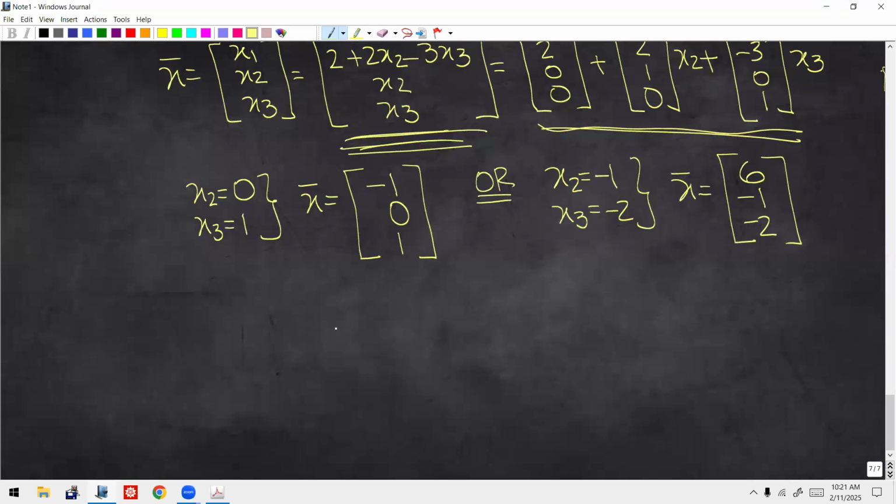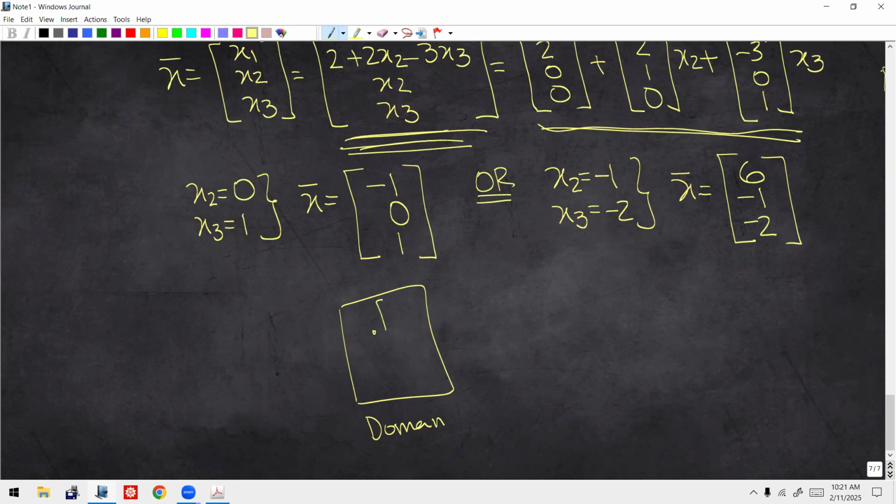So in both of these cases, visually, what's happening? We are taking some vector in our domain, and the vector we are taking is this x, -1, 0, 1. I'll call this x1. I'm sorry, this is a vector, so I'm putting a bar. Remember, these x1s are not vectors. These are components, but I'll put a bar here. And I'm going to take another vector, x2, which is 6, -1, -2.